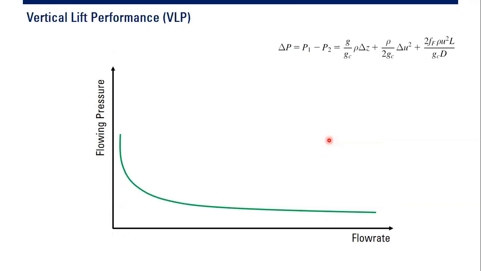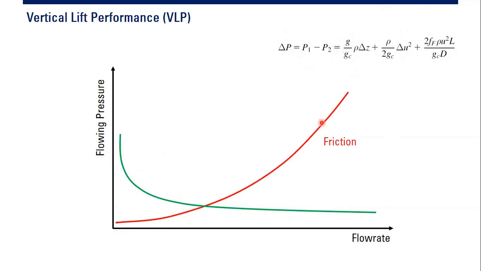In this system, vertical lift performance, or VLP, will represent the performance of the wellbore. Again, we start from the first law of thermodynamics. We have this first component, which is the elevation component.